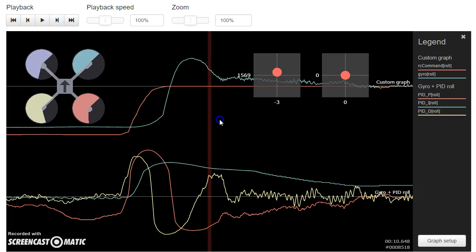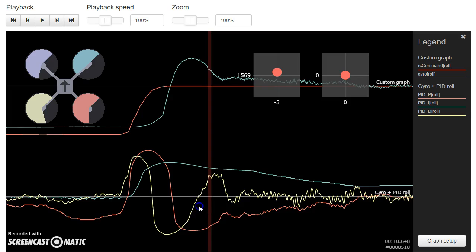I have dealt with overshoot by increasing D. And as soon as I went from standard Cleanflight 1.9 to an early version of Boris's firmware that just had the D-term filter, my rolls immediately switched to being basically perfect.